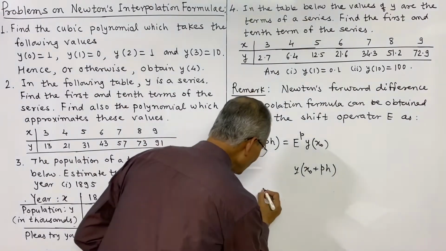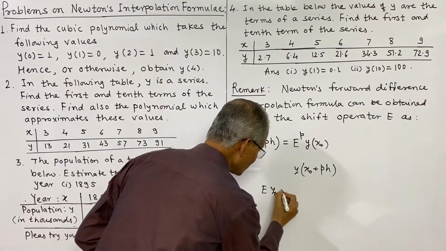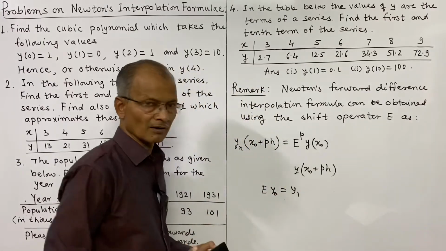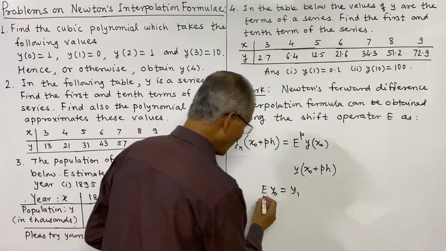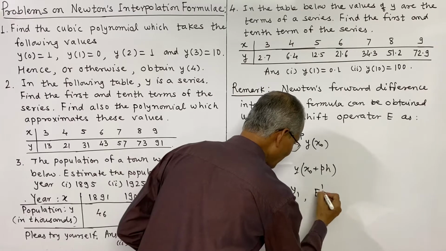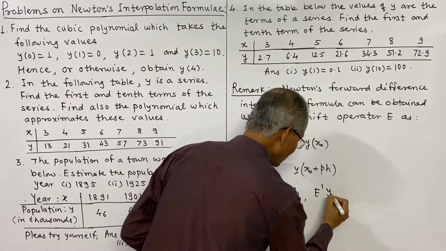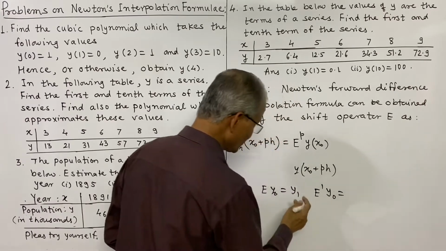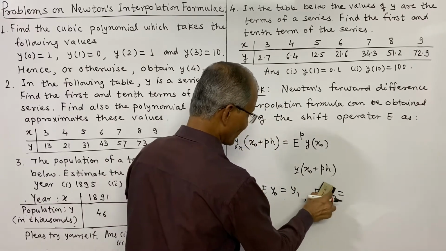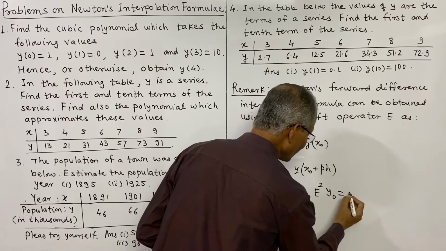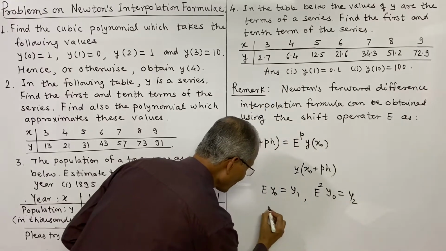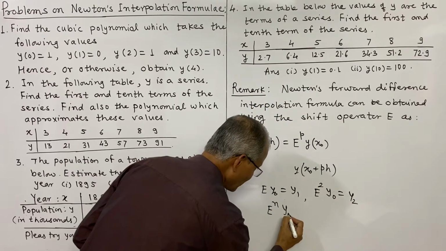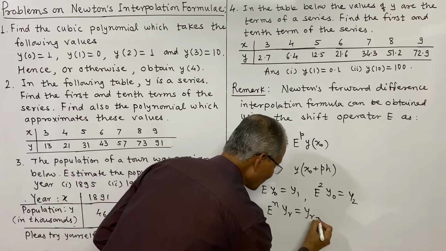So actually we have defined E y naught is equal to y1. It takes one step forward, that means it shifts one step. E to the power 1 at y naught will be y1, and E square y naught will be y2. Or in general we have E to the power n at yr is equal to y r plus n.